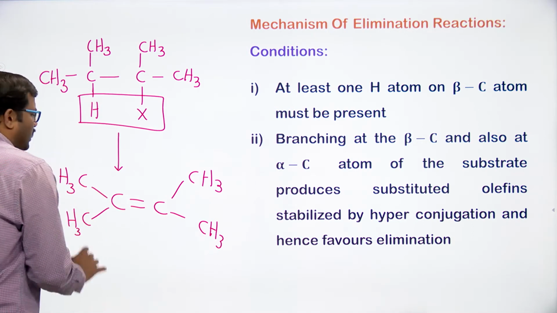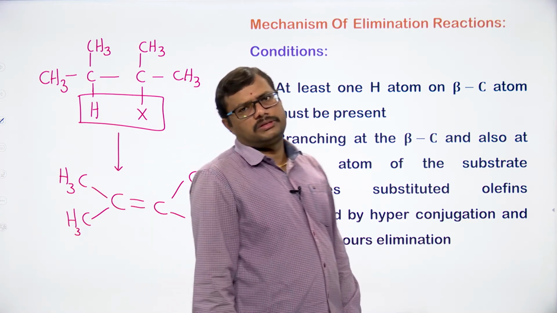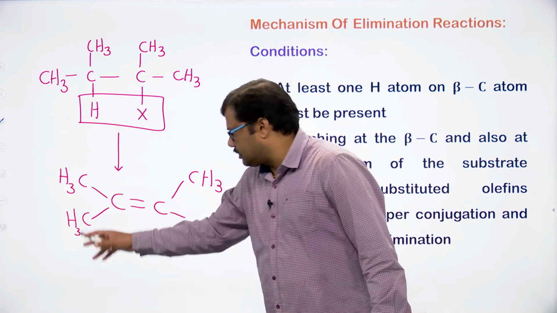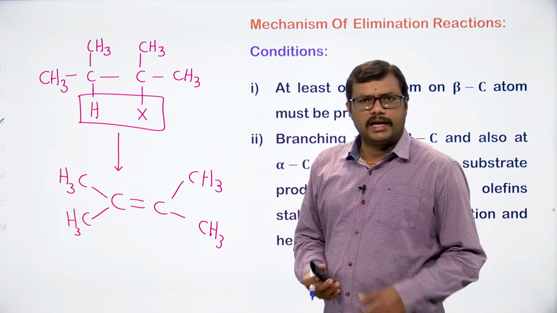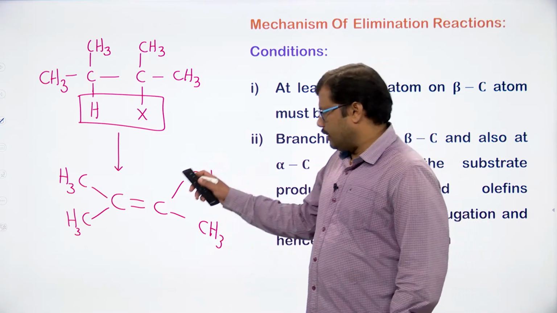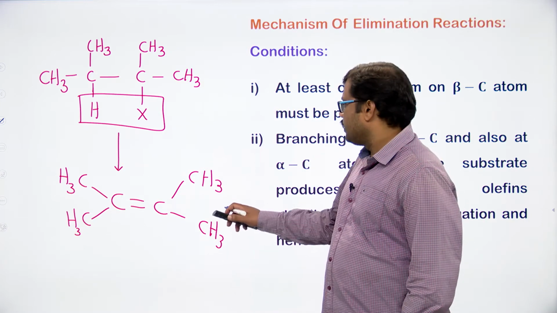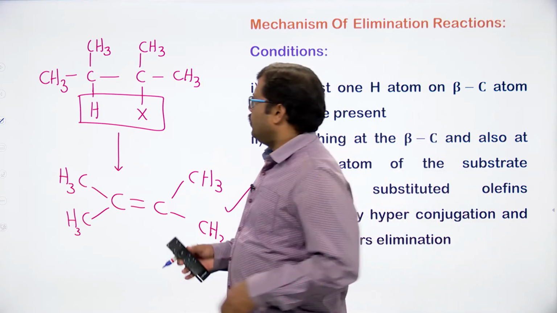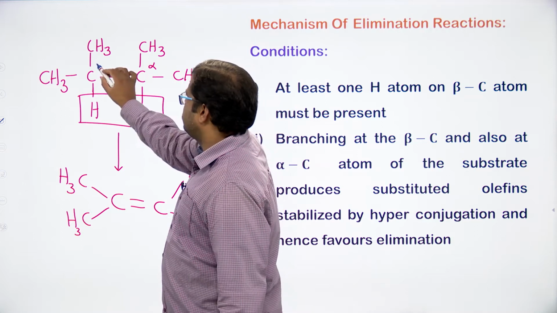Here we have 12 hydrogen atoms, 3, 3, 3, 3. So totally we have 12 hydrogen atoms and 12 hyperconjugative structures are possible. Since 12 hyperconjugative structures are possible, it is more stable. Here this is the alpha carbon and this is the beta carbon.